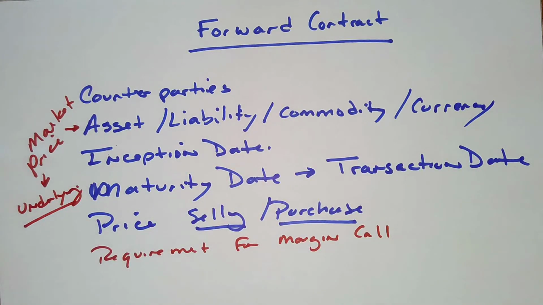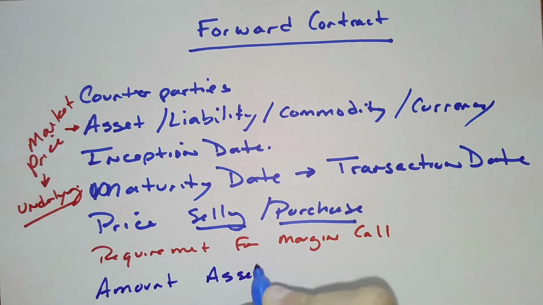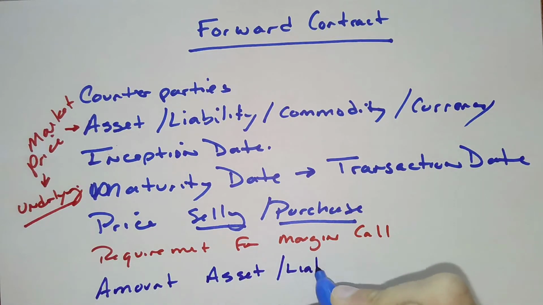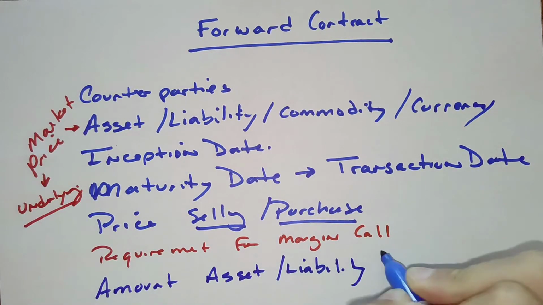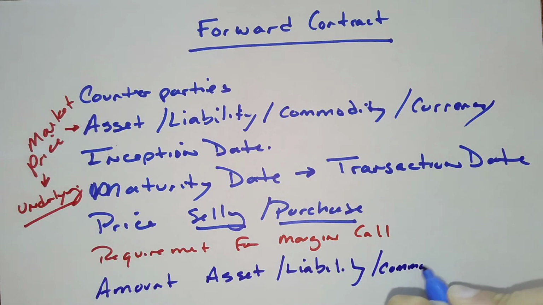The other thing we have to identify in the contract is the amount of the asset, liability, commodity, or currency.